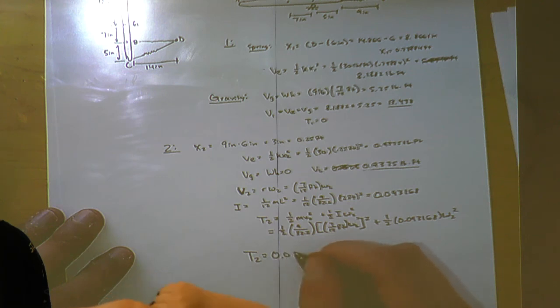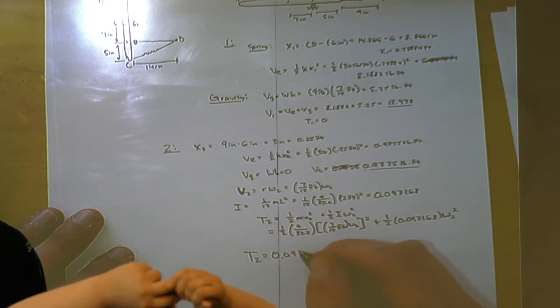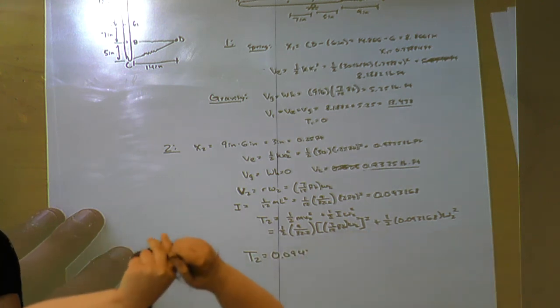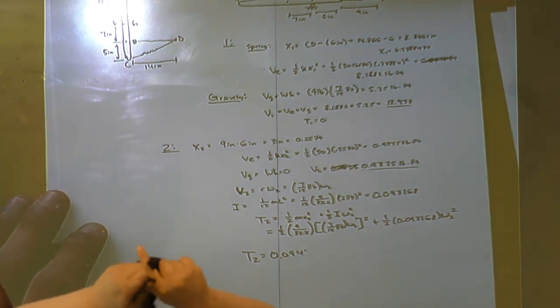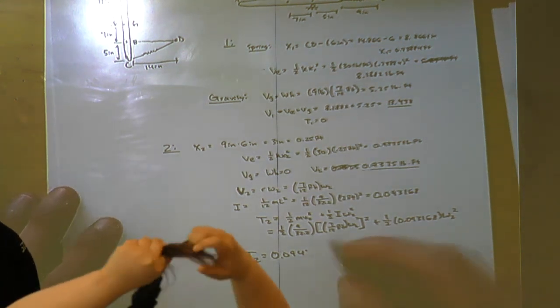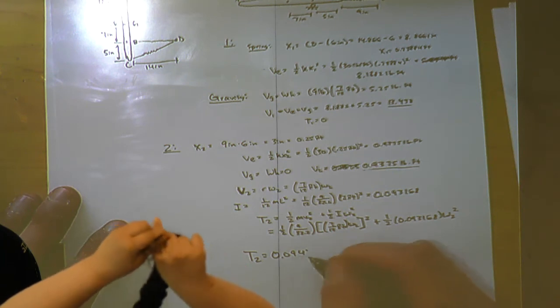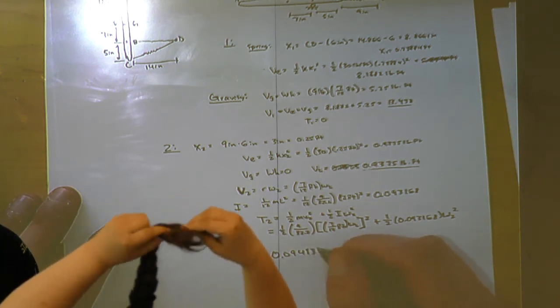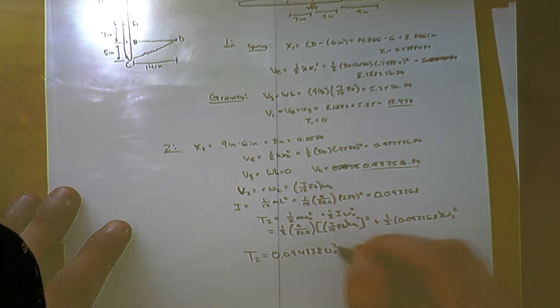That's going to be equal to 0.094138 angular velocity at 2 squared.